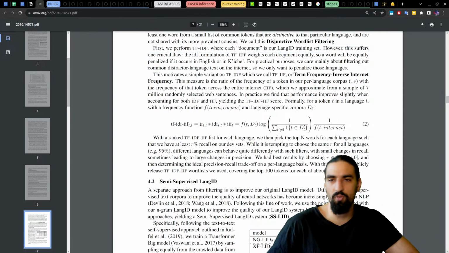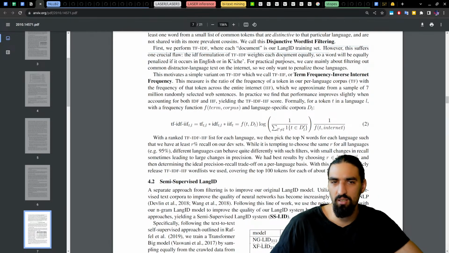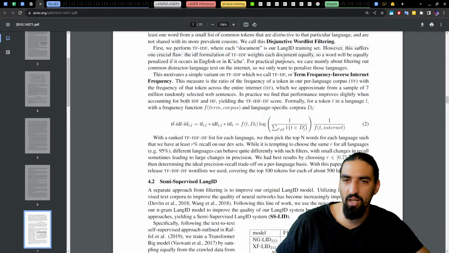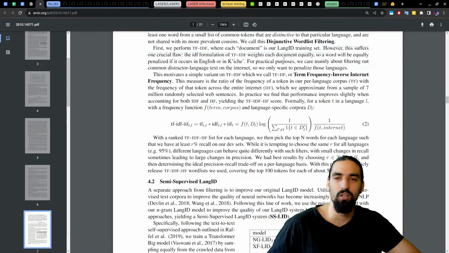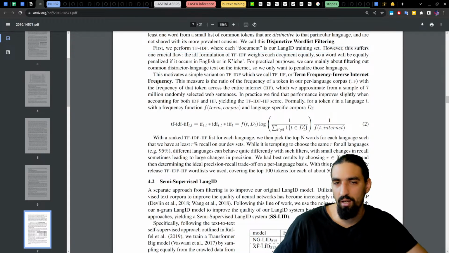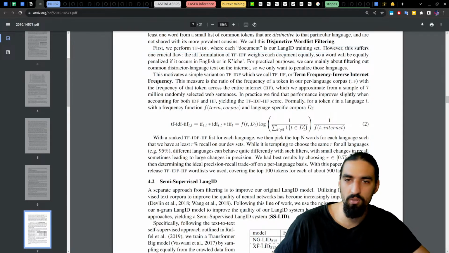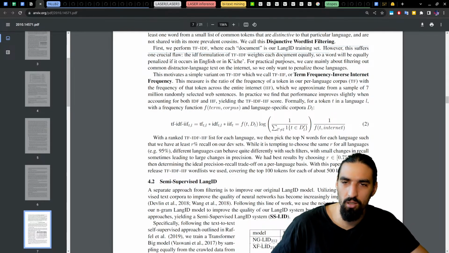In practice, we find that performance improves slightly when accounting for both IDF and IIF, yielding the TF-IDF-IF score, formally for a token T in a language L with the frequency function F for the corpus and language-specific corpora. They get this equation with frequencies and then log 1 over the sum and then 1 over the frequency.